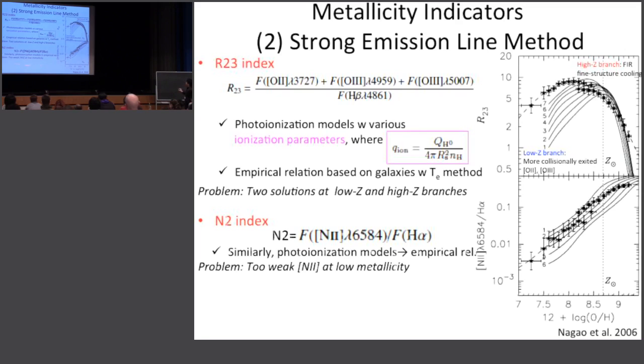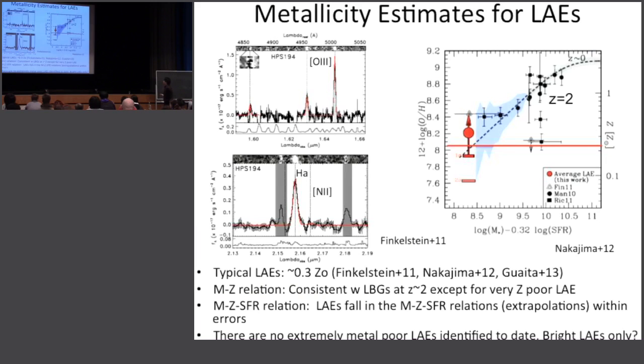But there's a problem: nitrogen 2 is extremely weak for the metal-poor population, at less than 1% level, so you cannot measure it accurately. But if you use this N2 index to resolve the degeneracy of the R23 index, then you can easily get the metallicity by combining these two relations.